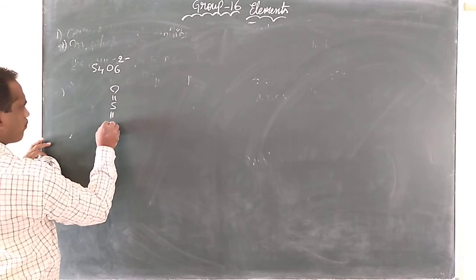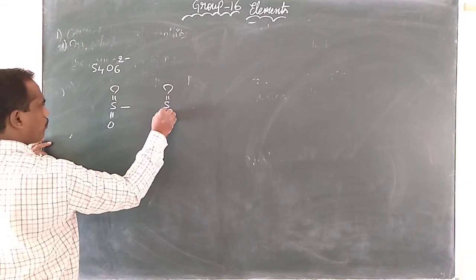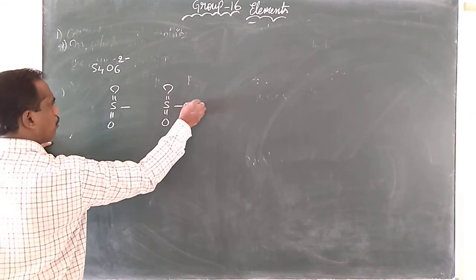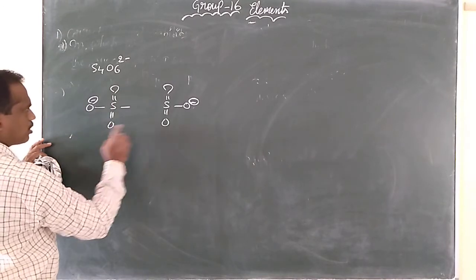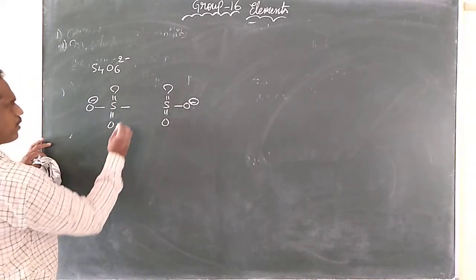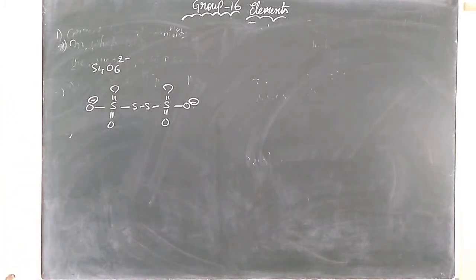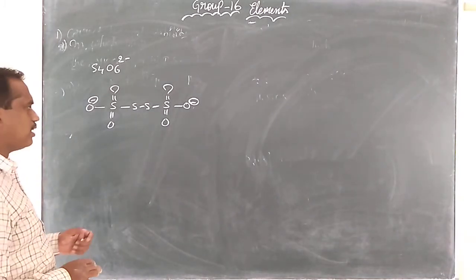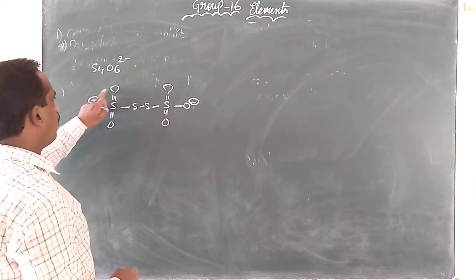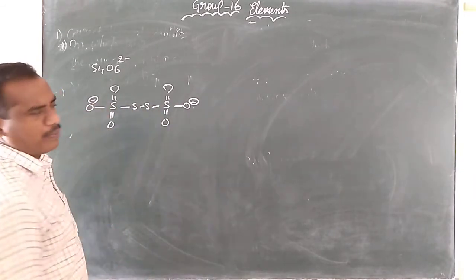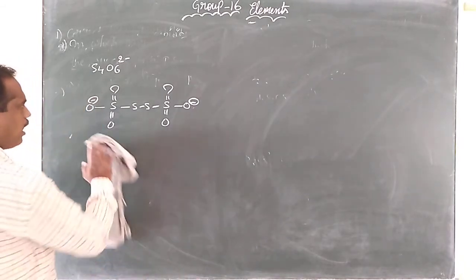Generally, in the case of these sulfurs, what we know is the linkage: three oxygens on the left side, three oxygens on the right side, and between the sulfur and sulfur still one more sulfur and sulfur single bond is present. That's called S4O6 2 minus.